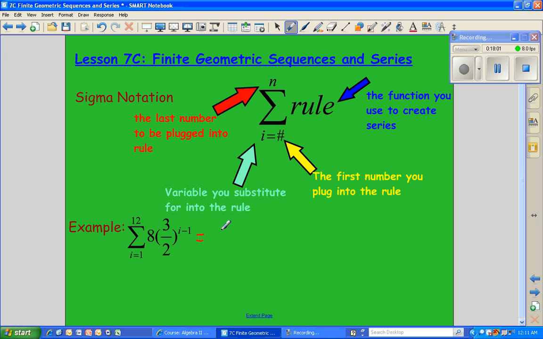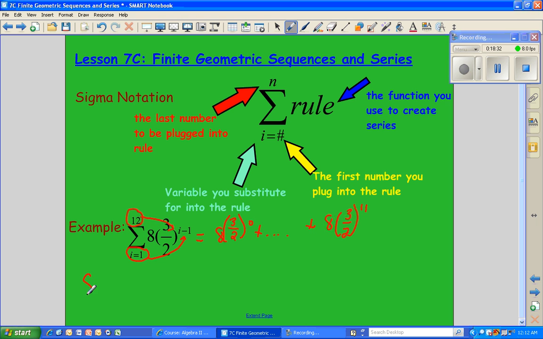So if you expanded this, you're going to go from 8 (3/2) to the 0 power, and you're going to keep with this until you reach 8 (3/2) to the 11. Okay, the 0 power came from plugging the bottom guy in here, and then we're going to stop when we plug this guy in here, which is 11. Okay, so we're going to add all of these up.